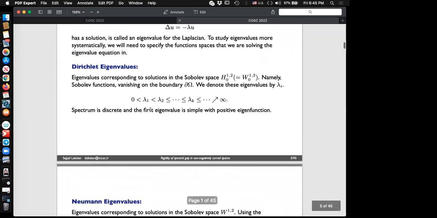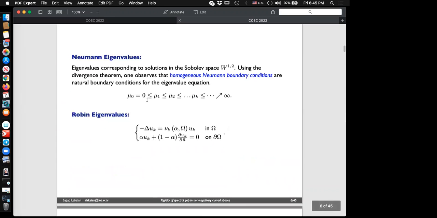So these are standard: there's a simple positive first eigenvalue, and then the eigenvalues diverge to infinity. And the Neumann eigenvalues start from 0, are not necessarily simple, and then diverge to infinity.